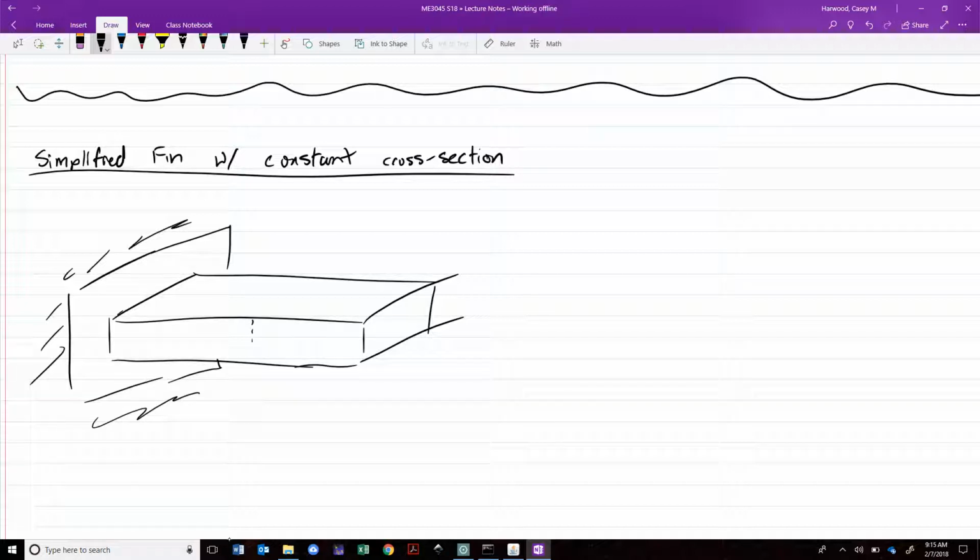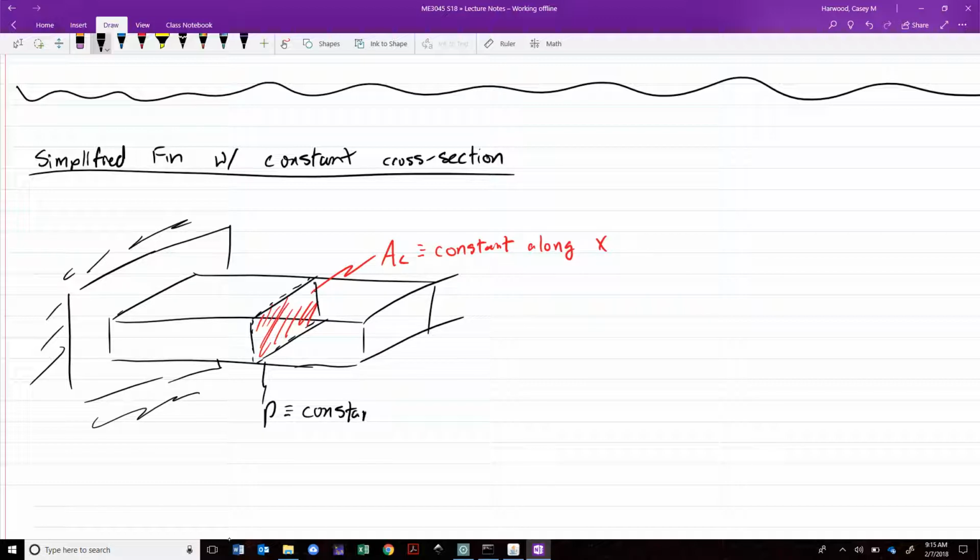So in this case, if we were to take a slice through this, we would end up with AC, which is a constant along x, and the perimeter of the slice, P, is also a constant along x, where x here is defined along the length of the fin.